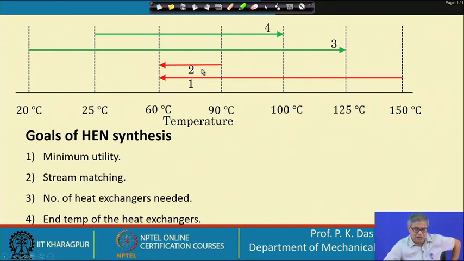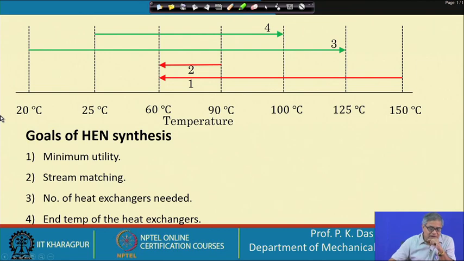But the hot stream temperature will reduce and end only at 60 degrees. And here, for the hot stream from 150 to 125 degrees Celsius, no cold stream has to be brought to that high temperature. So, this is what we can see.